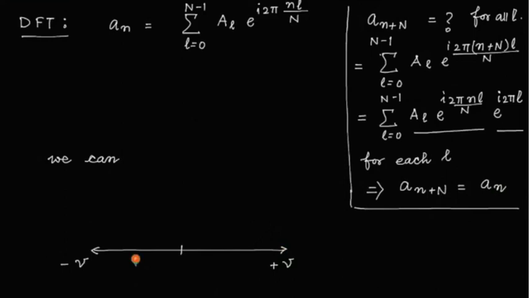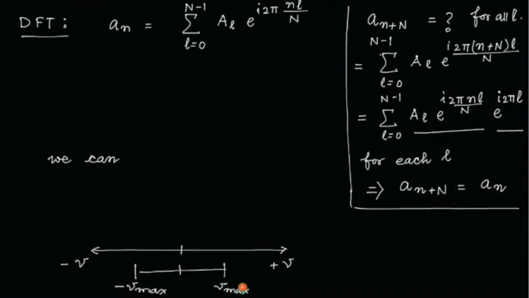But now the first thing you have done is that you have truncated it to minus nu max to plus nu max. But then you also realize that it has a period of N. Nu max corresponds to N by 2. So the value at minus N by 2 is the same as the value at N by 2, which is what we said earlier, that those two values are not independent.